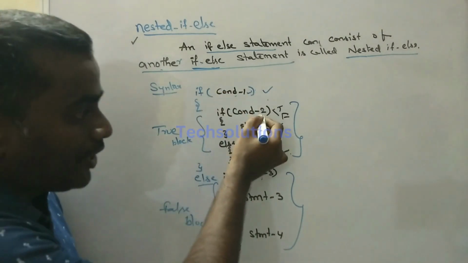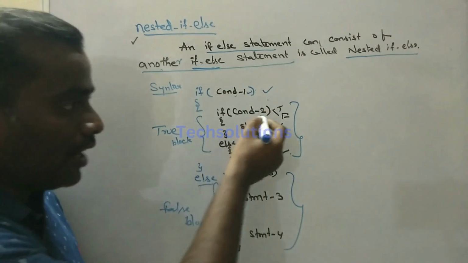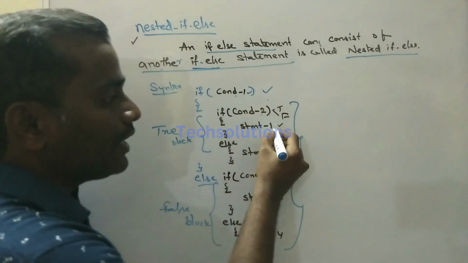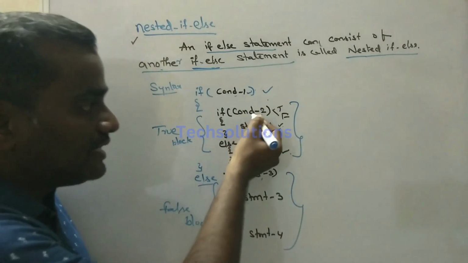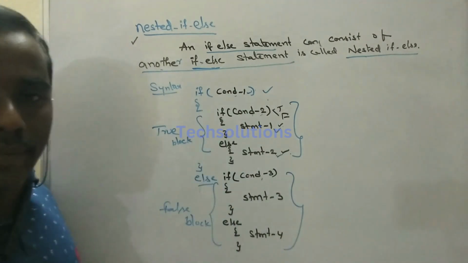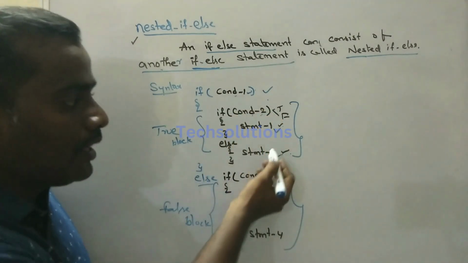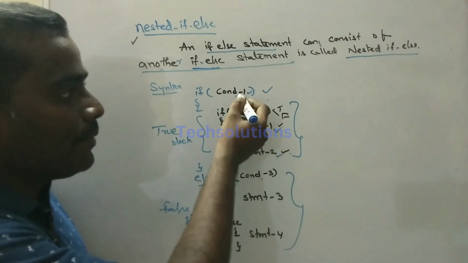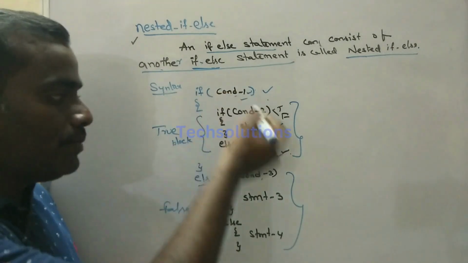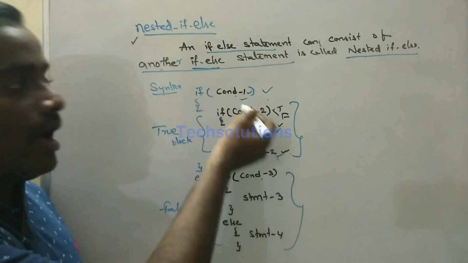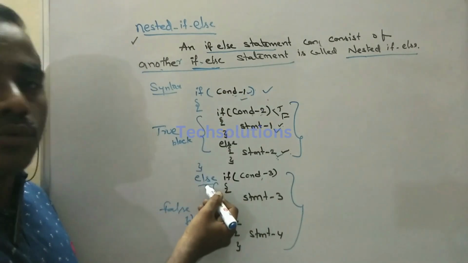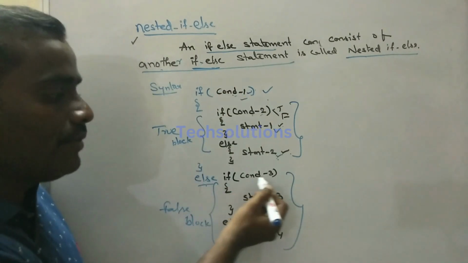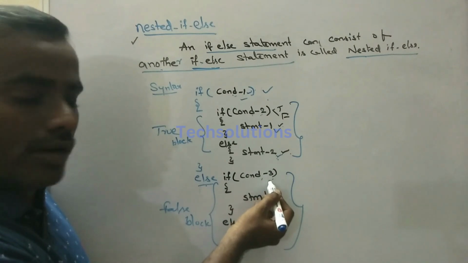Then we enter into condition 2. If condition 2 is true, I execute statement 1. If it is false, I execute statement 2. Either statement 1 or 2 is executed depending on condition 1. If it is true, I enter into these statements. Otherwise, if it is false, I come to the else statements. Again, I can check one more condition here, condition 3.